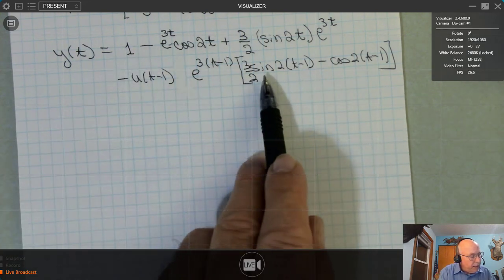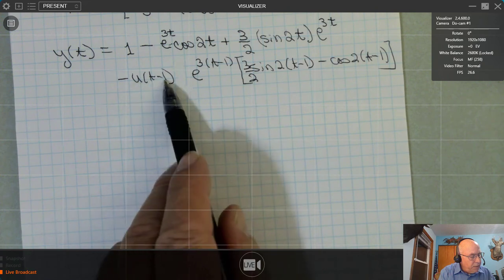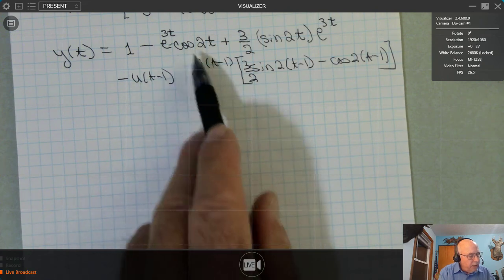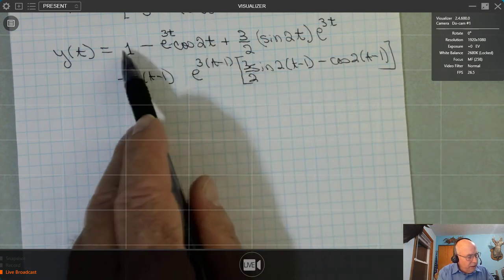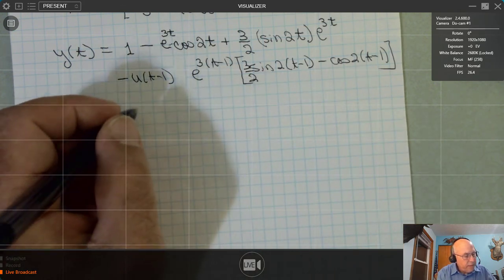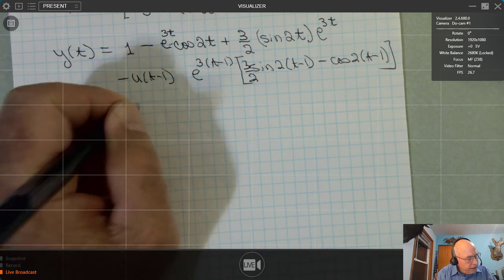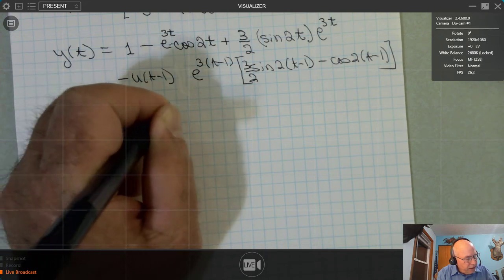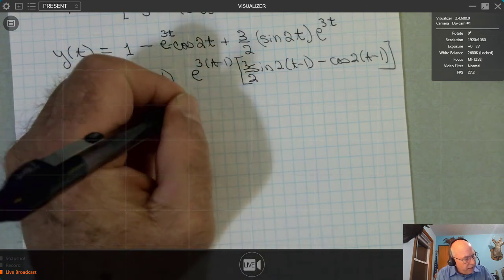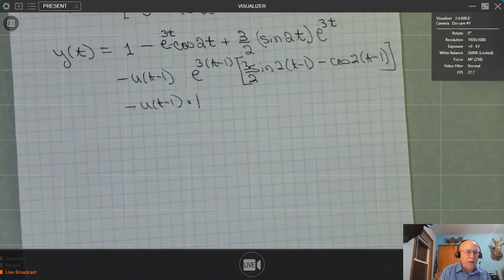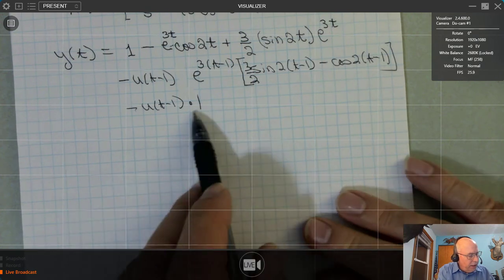So it's u(t minus 1) times all of this shifted, which we have, but it's also minus u(t minus 1) times the 1. So I could add it. Doesn't really change the value, but it makes it easier to tell where it came from.